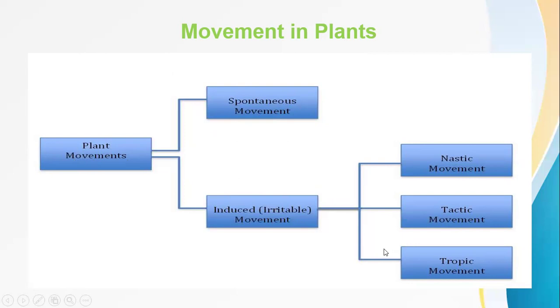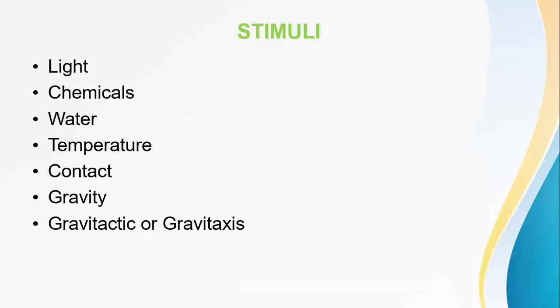So, as I said, in this video, we'll cover the tropic movements. But first, you have to know that the various stimuli that the plants react to include as follows: light, chemicals, water, temperature, contact, gravity, gravitaxis. All these are just some of the stimuli that plants sense and react to with movement.